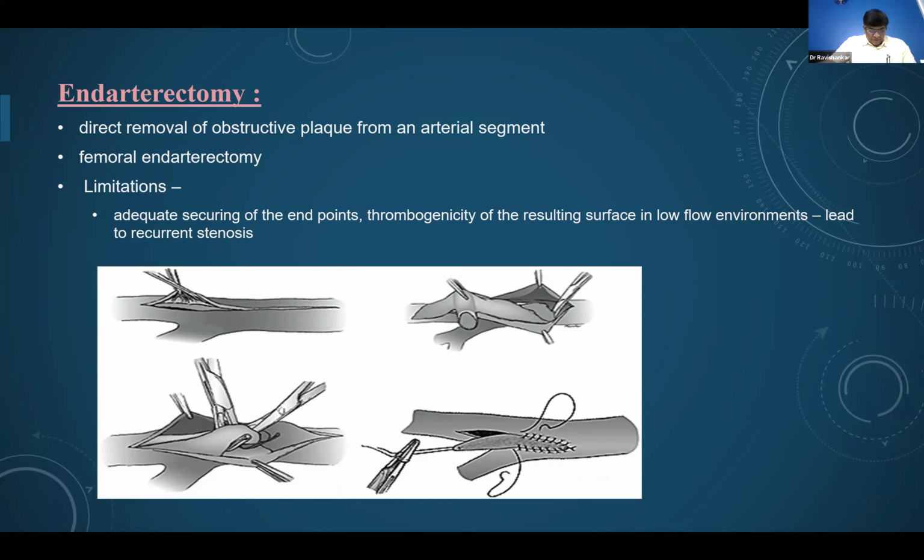See, there are many types of balloons: cutting balloons, cryoplasty balloons, focal pressure balloons, drug coated balloons, and percutaneous PTA balloons.